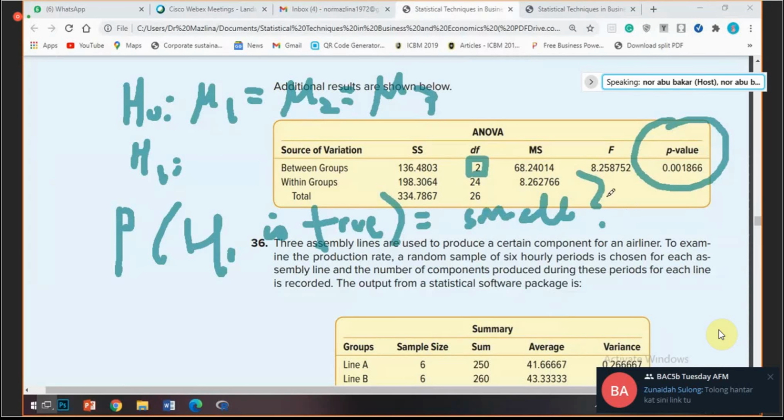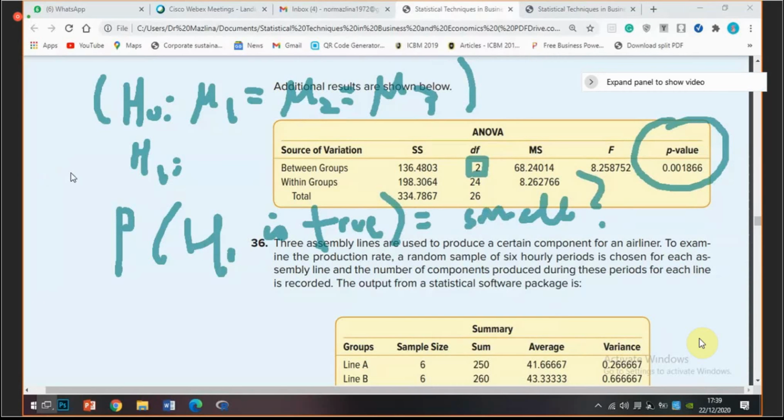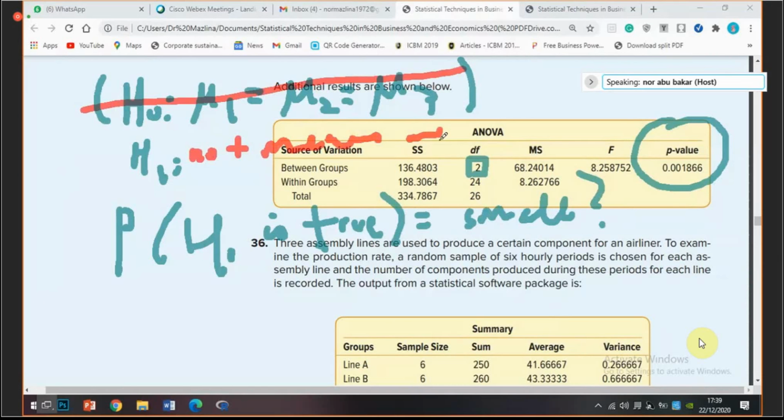Now kalau small maksudnya H naught ni kemungkinannya tidak benar lah, because the probability that it is true is very small, so probably it is not true. So you just reject and that means not all means are equal.